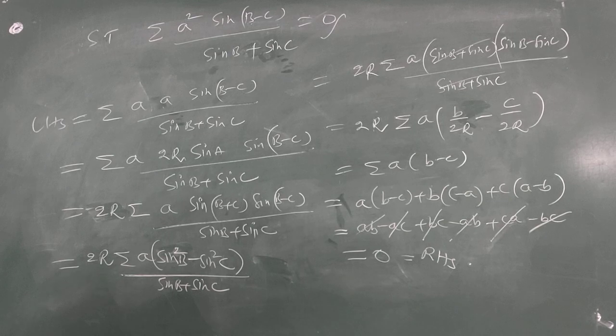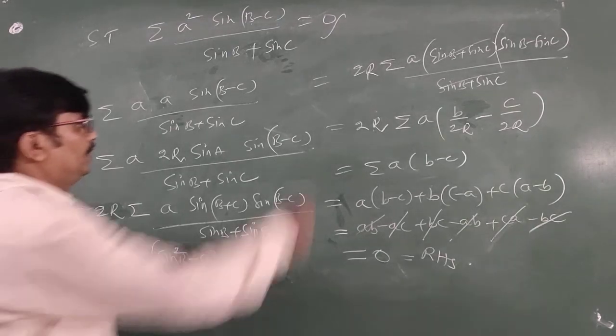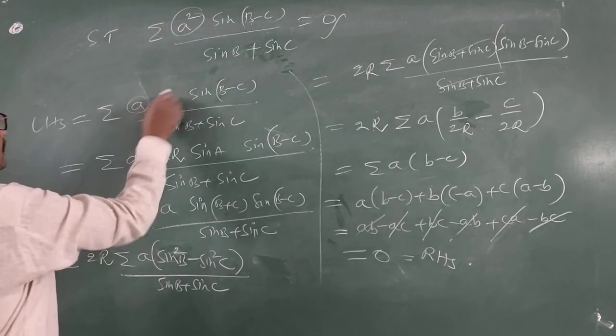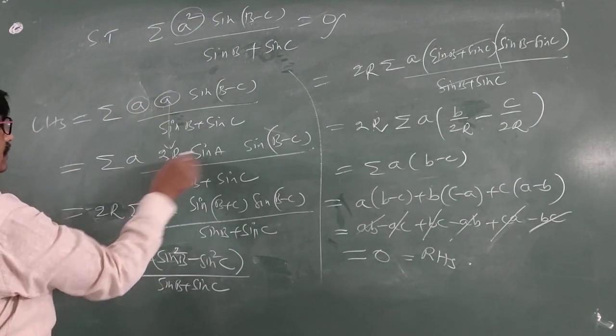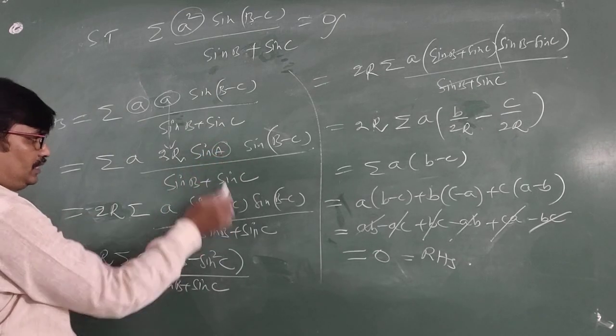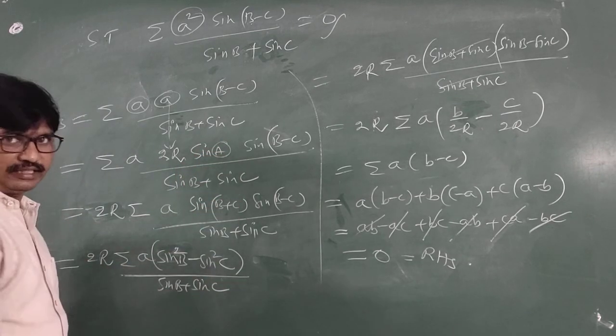Okay, students, write down. Once again, a square we can write as a into a. A from the sine rule is 2R sin A. A is 180 minus of B plus C. Sin 180 minus theta is sin theta.